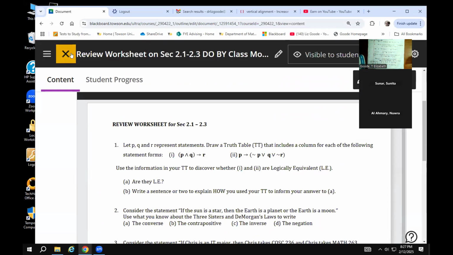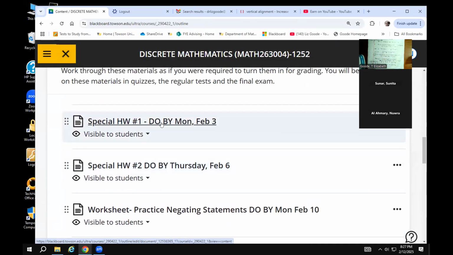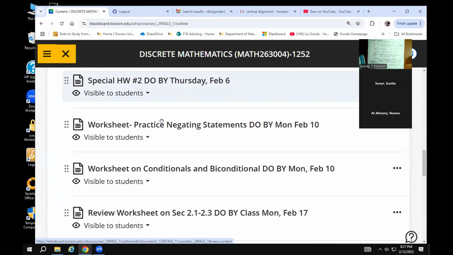I went over the previous material in the special homeworks. I was hoping to go over my key with you.